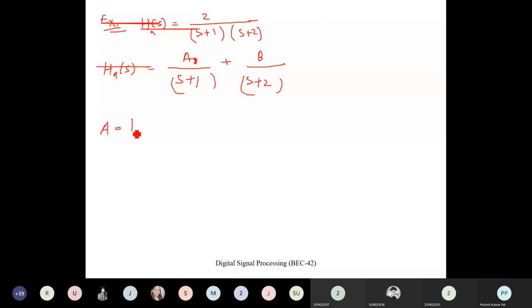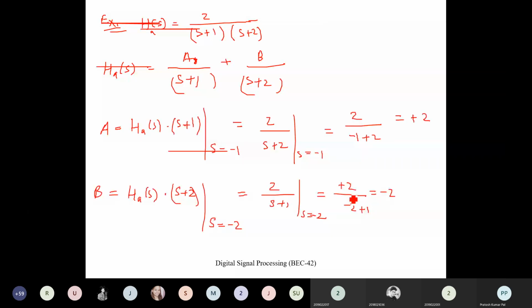So from there, the obtained value will be 2 divided by s plus 1, where s will be replaced by minus 2. So it will be 2 divided by minus 2 plus 1, so it will be minus 2. Okay. So is it clear to everyone? So from there, we can directly get the value of a.